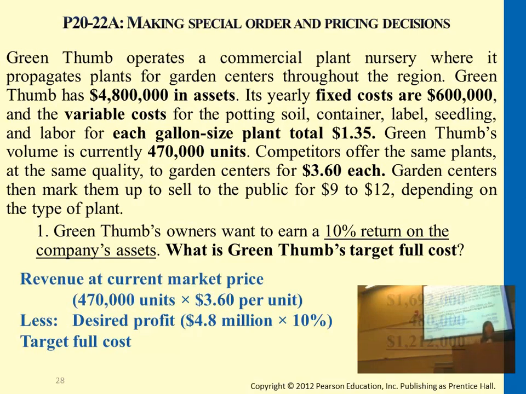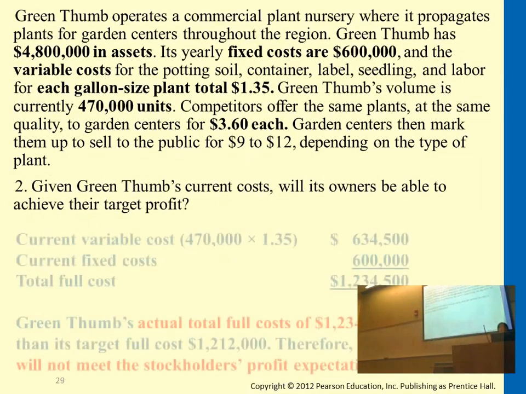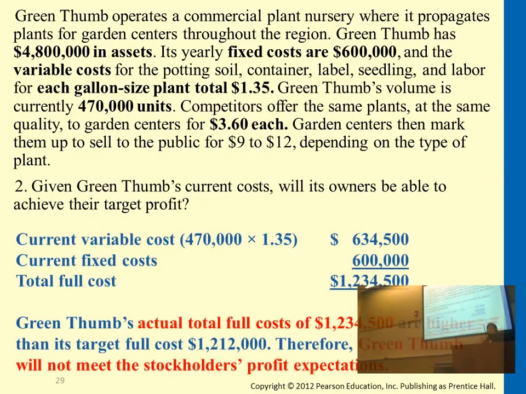Okay, so this is a problem that we did on Tuesday. And then after this question, the second question was, what is our current cost? And then compare it against the target cost. Right, so we want to know how well this company is doing, add up the variable cost, add up the fixed cost, to see whether we need to reduce this or not. Okay, so this is just a review of what we did on Tuesday.